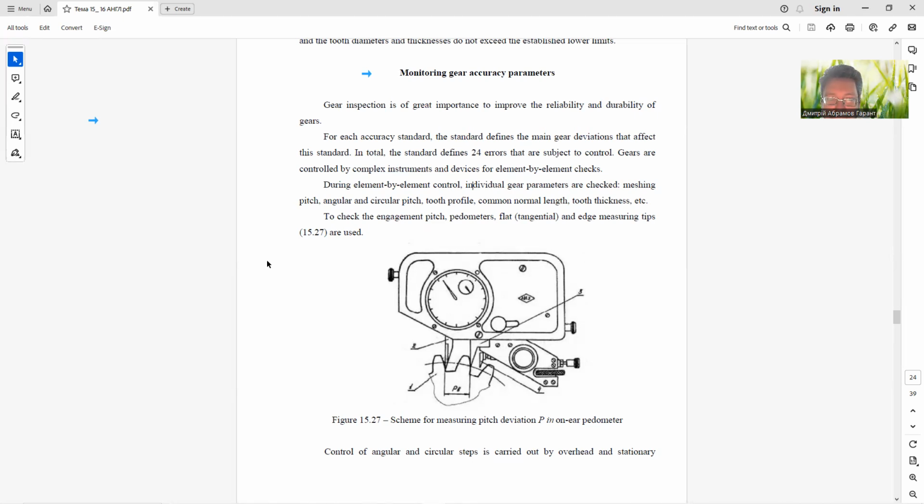Gears are controlled by complex instruments and devices for element-by-element checks.